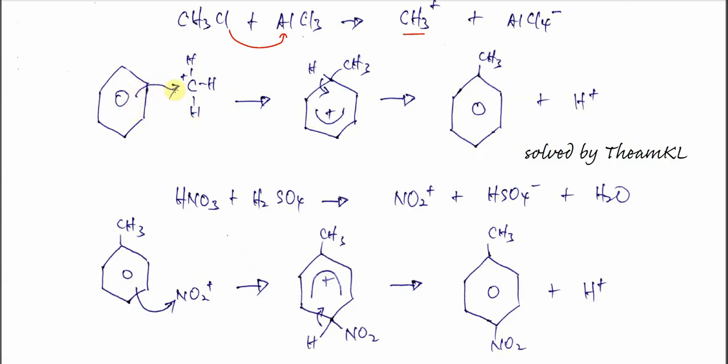Benzene donates a pair of electrons to the carbocation, and it forms this intermediate. Of course, in this intermediate you have to put a curved arrow and a positive charge in the ring. You need to show the C-H bond break, with the arrow pointing into the ring, and therefore the hydrogen is removed as a hydrogen ion. This is electrophilic substitution. After that, it will form methylbenzene.